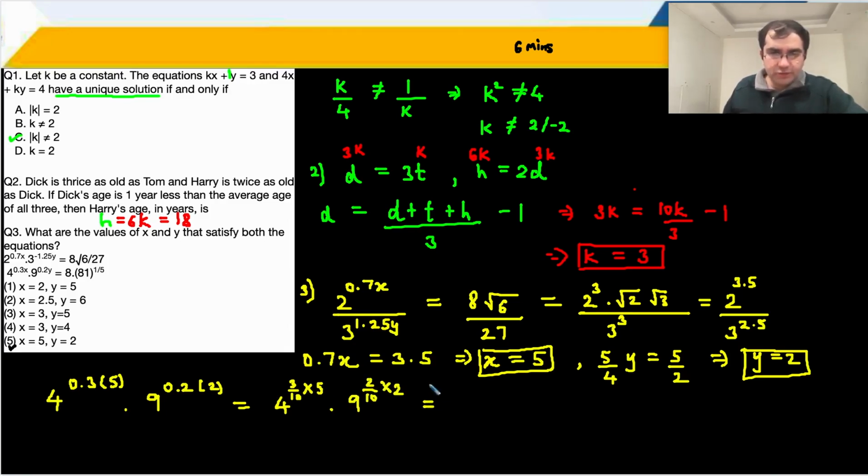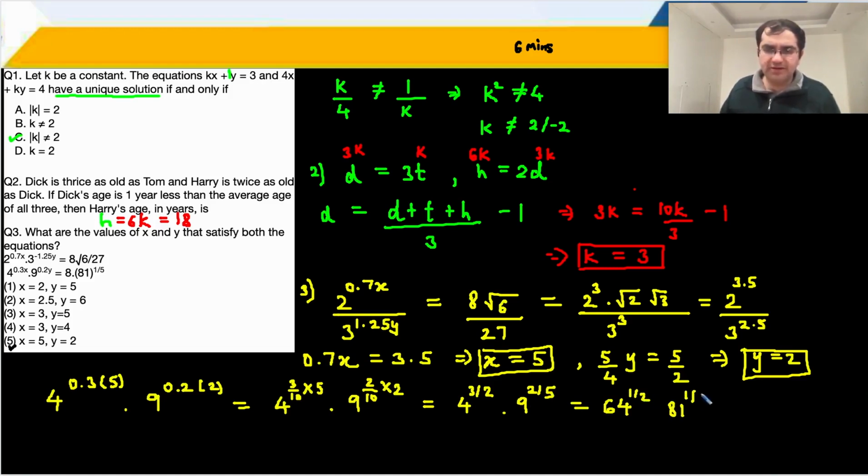So 5 से गया 2 times, so 4 to the power 3 by 2 into 9 to the power 2 into 2, 4 upon 10, that's 2 by 5. 4 cube is 64 to the power 1 by 2. 9 square is 81 to the power 1 by 5.